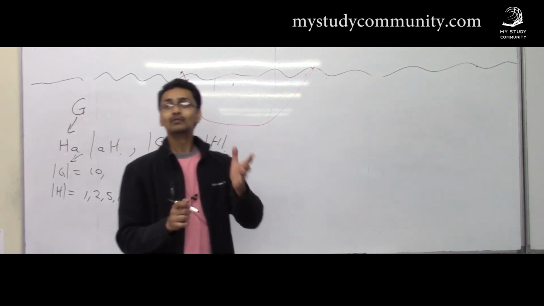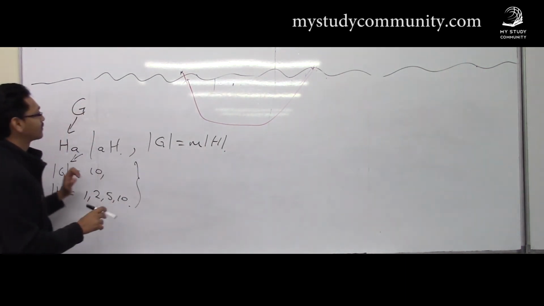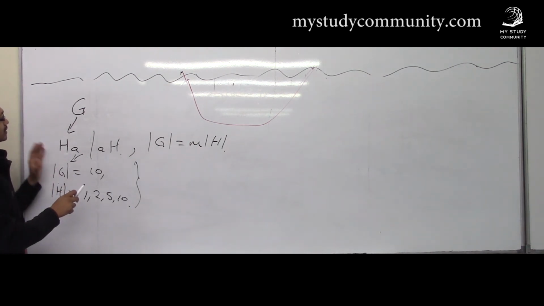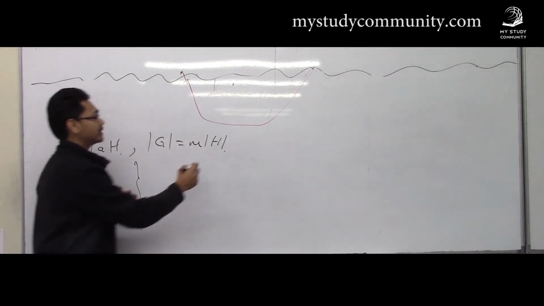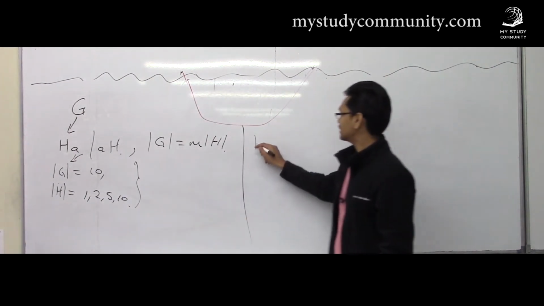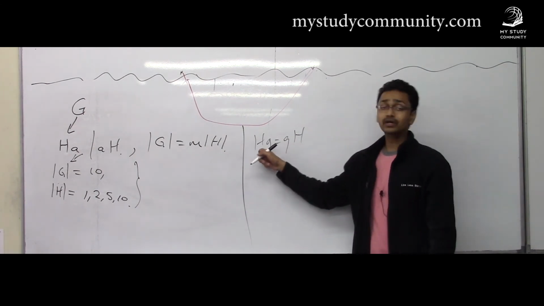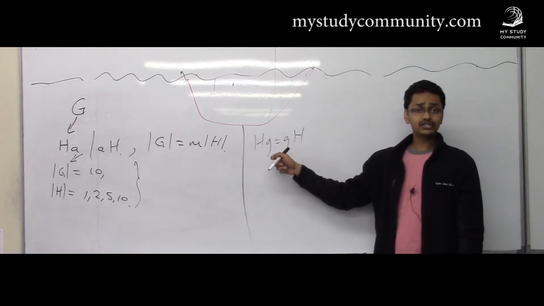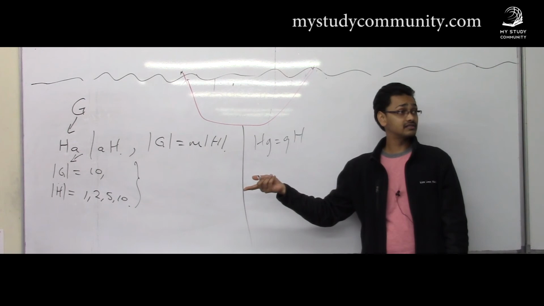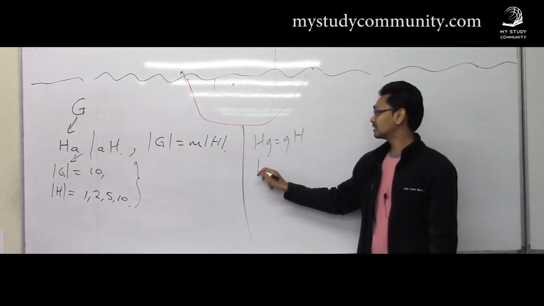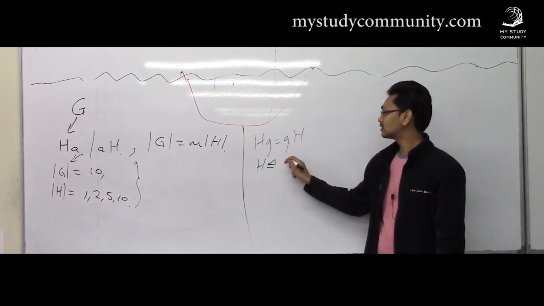So then, we moved on from there. We have Lagrange's theorem, we have cosets. We realize that, wait, if we have Hg equals gH, then what could we say? That H is normal in G, yes? So now we introduce normal sets.